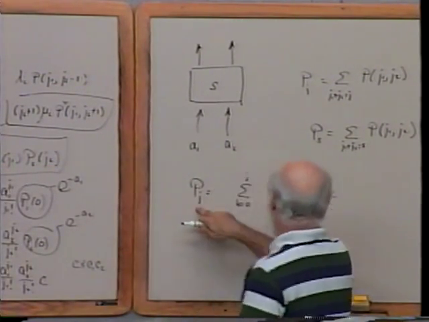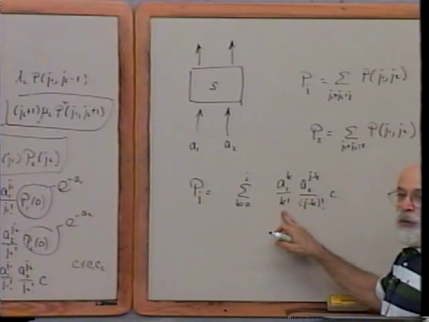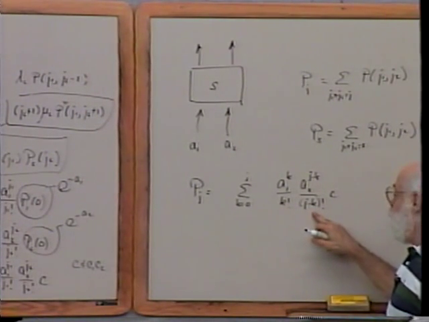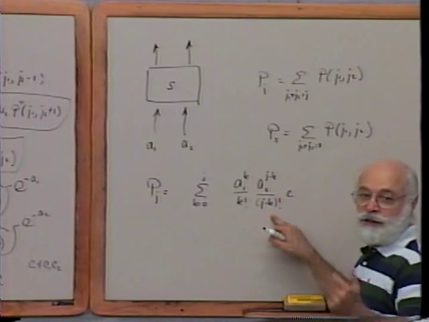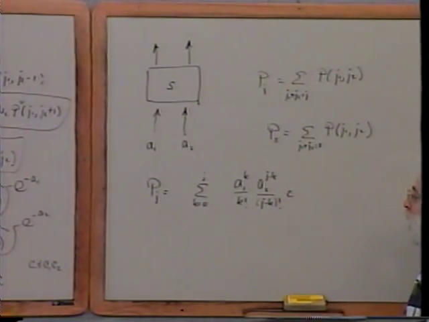OK, so the probability of being in state j is the probability of k customers from stream 1 and j minus k from stream 2, summed over all values of k, so it adds up to j. And now all I've got to do is evaluate that sum.